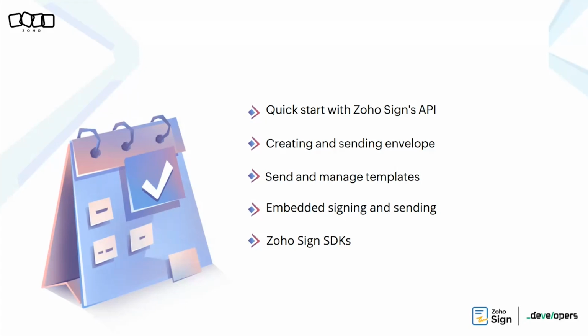You can have some predefined templates created in Zoho Sign, and if you want to send them out for signature using the template APIs, you can do that by dynamically changing recipient details, etc. Next, we have some interesting features in Zoho Sign called embedded signing and embedded sending, where we give you a provision to embed our signing page within your own website, so that the user viewing your web page wouldn't feel like it is some third party vendor you're using, and would have a seamless experience.